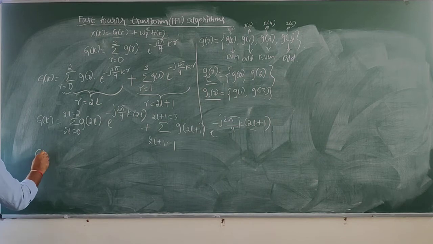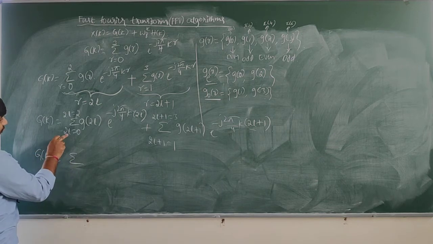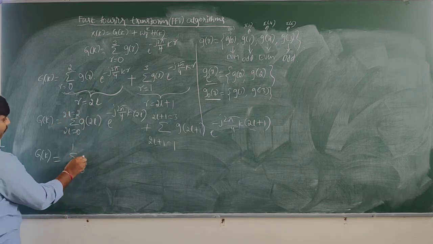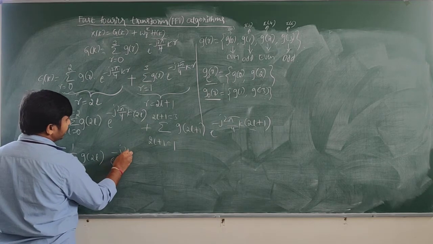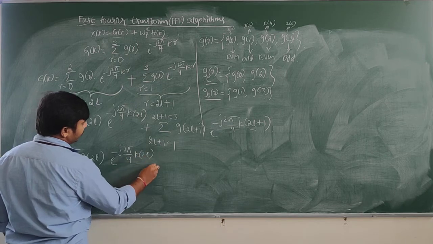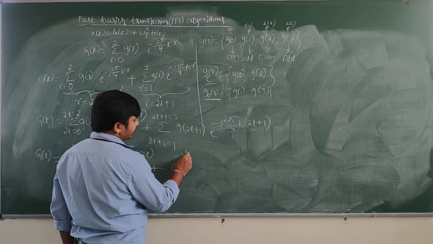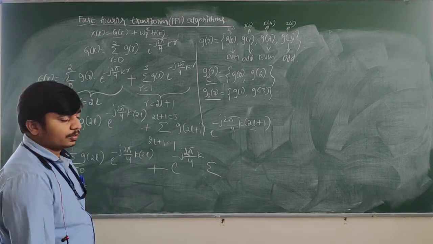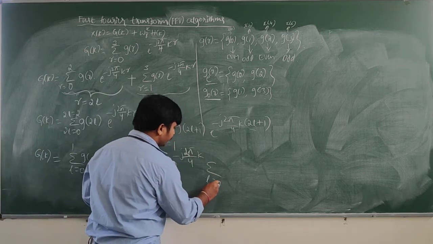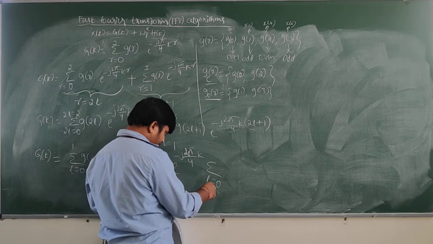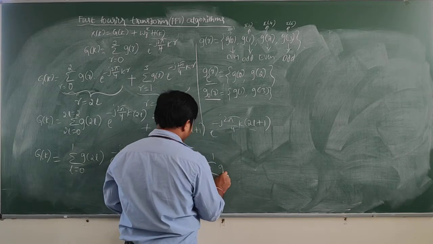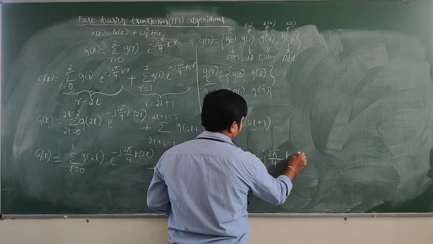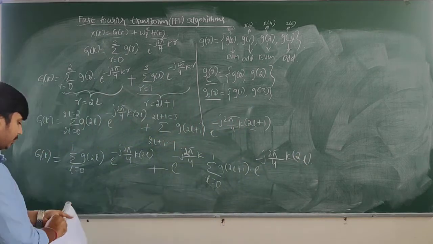Therefore G of k is equal to the summation, where 2l is 0 so l is 0, and 2l is 2 so l is 2 by 2, equal to 1, of g of 2l into e power minus j 2 pi by 4 into k into 2l, plus e power minus j 2 pi by 4 into k outside, times the summation where 2l plus 1 is 1, therefore l is 0, up to l is equal to 1, of g of 2l plus 1 into e power minus j 2 pi by 4 into k into 2l.